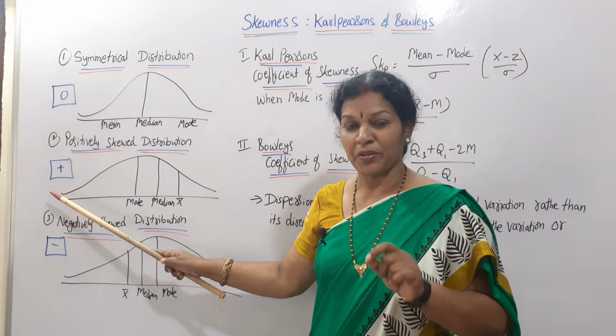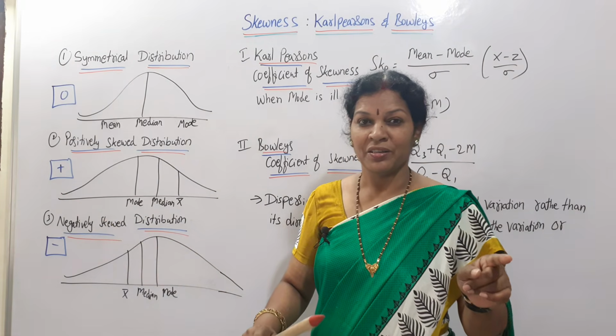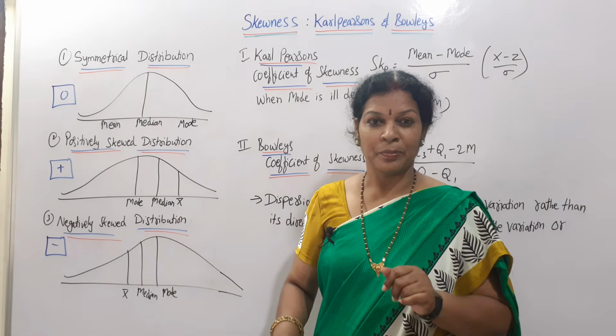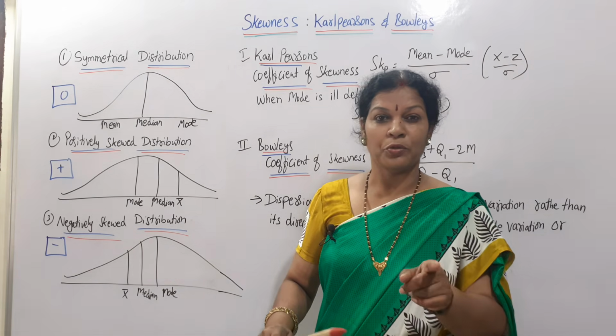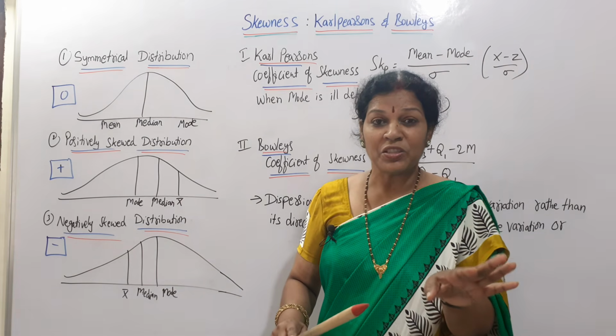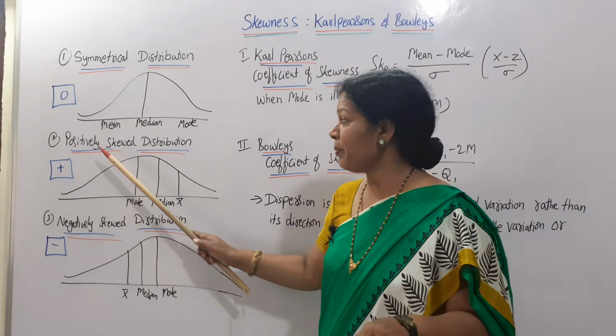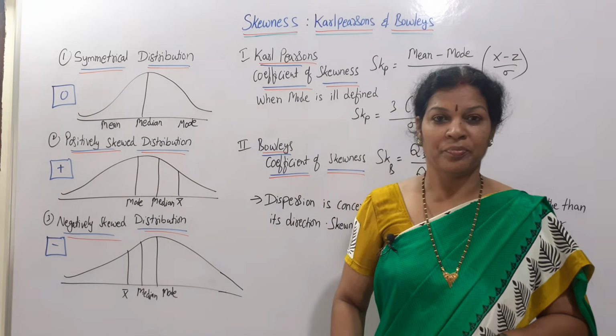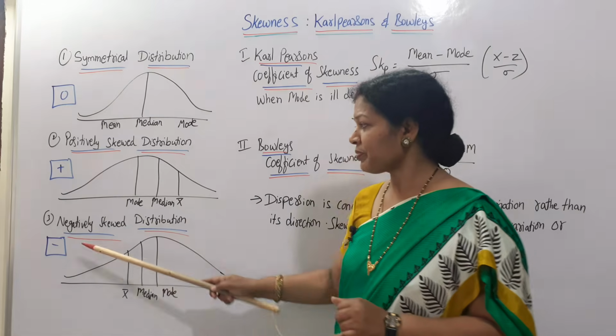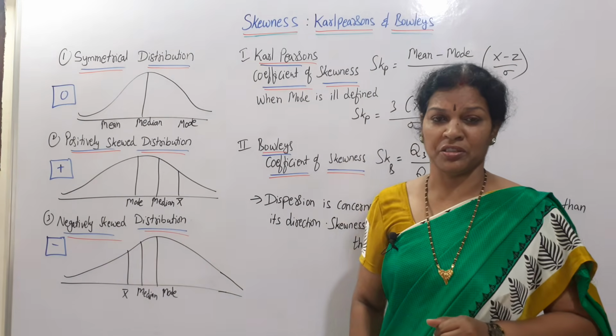When the answer is a positive value, like 0.68, 0.25, anything plus value, then it is a positively skewed distribution. Are you getting it?